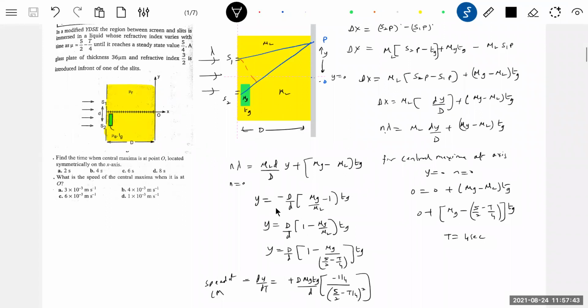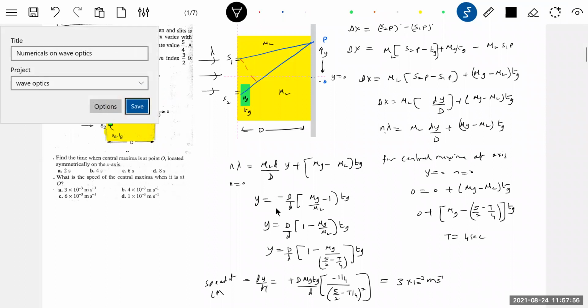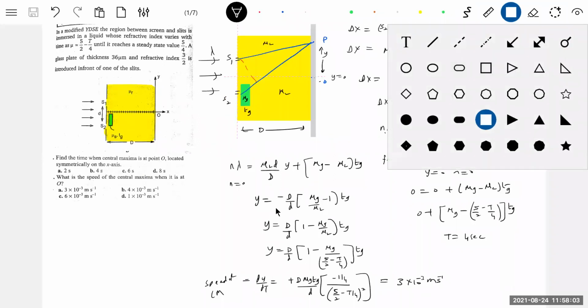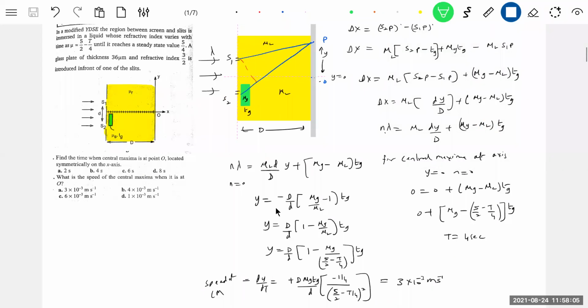I do have options, so check once. Writing this equation, I feel, is very essential. The student has to really put the path equation. The whole YDSE depends upon just writing this path equation.